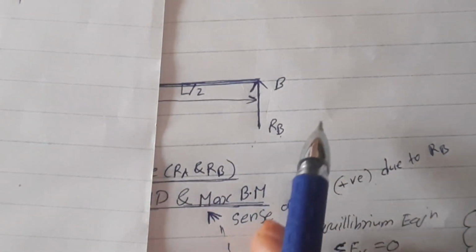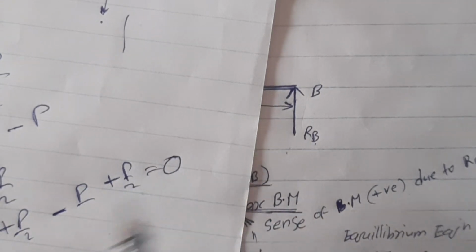The reaction upward is P by 2. So plus P by 2 minus P plus P by 2 should be equal to 0.